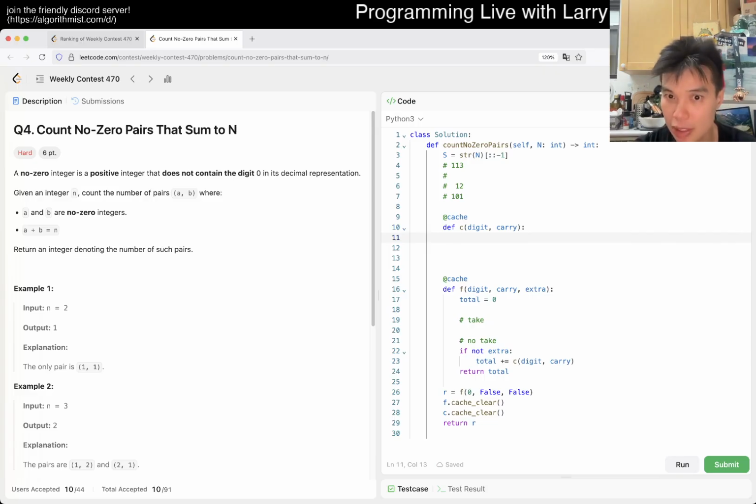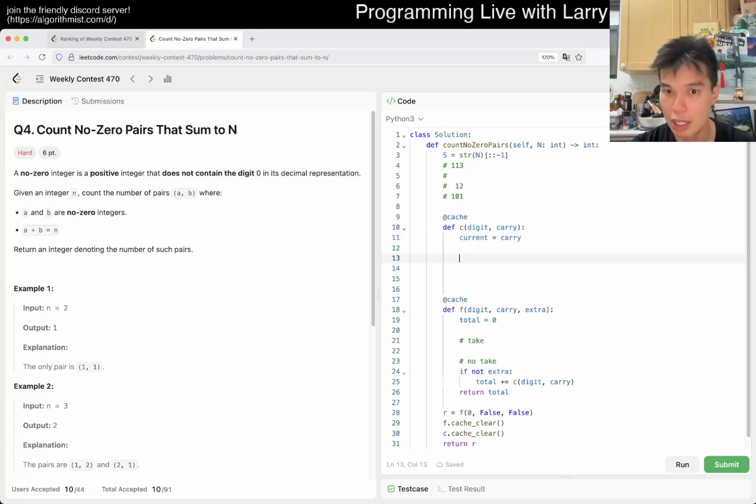If we have a carry, then now current is equal to carry, right? If is it just one then? Yeah, I guess so. It's just that if there's no, oh no, you have to check whether there's zeros, right?